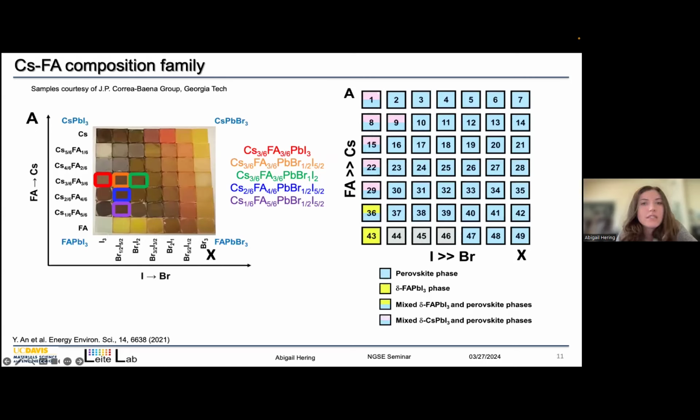So we selected 5 of the best performing samples based on their power conversion efficiency in a full device. But for these experiments, we're only testing the perovskite thin film. So these were chosen just to see some variation in both A and X and observe the difference between them.